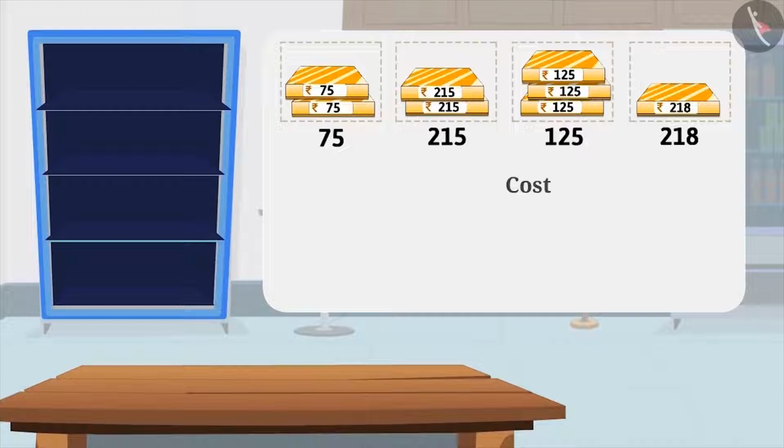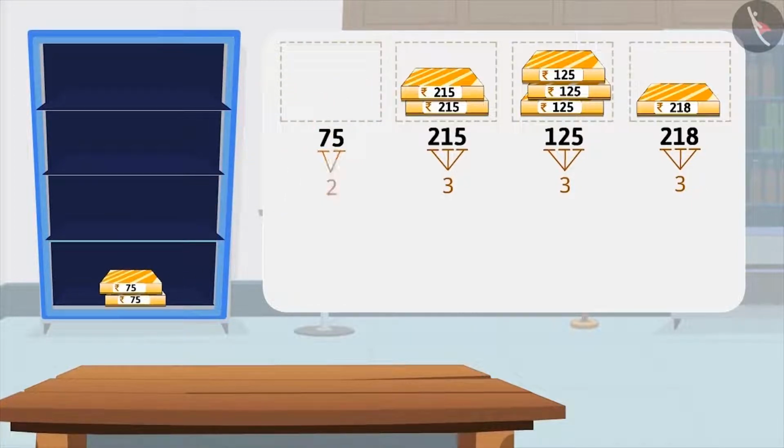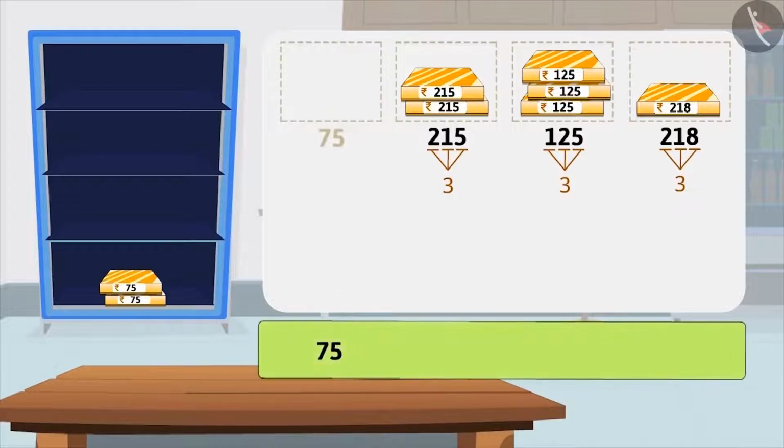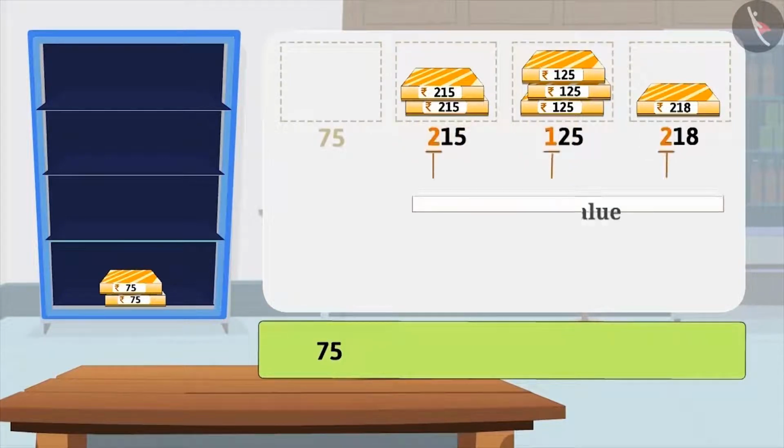First, we will identify which number is made up of how many digits. The smallest number will have the least number of digits, which makes 75 the smallest number. So, we will keep all the boxes worth rupees 75 at the bottom. If the number of digits is the same, then we will compare the leftmost digit of the numbers.